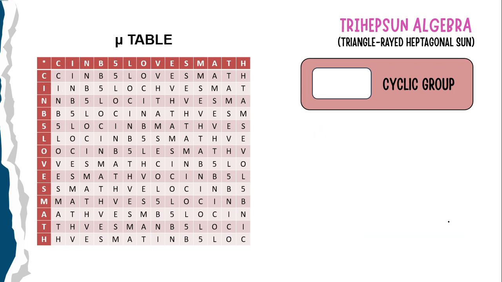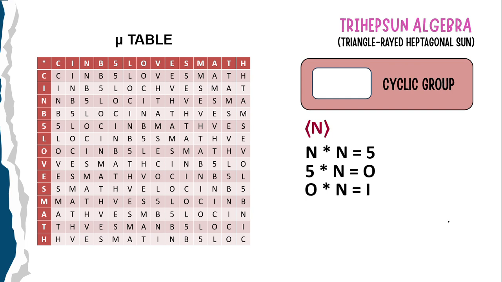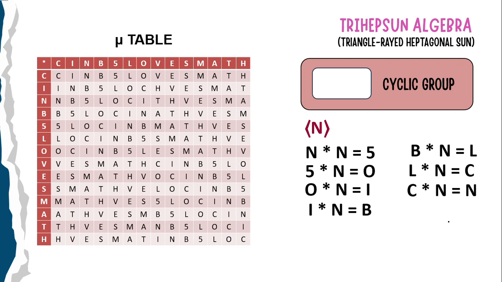For N, we do the same process. N star N is equal to 5. 5 star N is equal to O. O star N is equal to I. I star N is equal to B. B star N is equal to L. L star N is equal to C. C star N is equal to N. N star N is equal to 5.